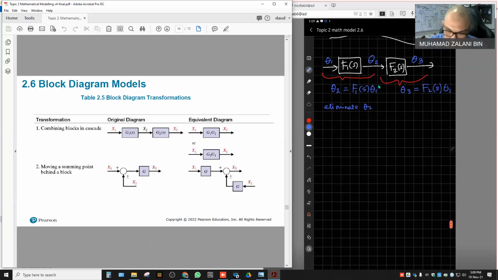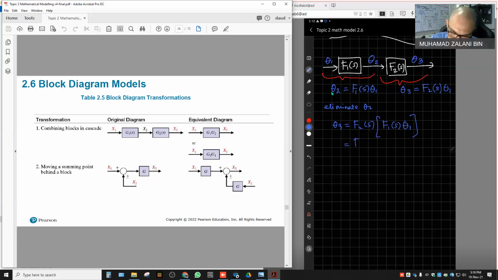From this equation, we just substitute. Theta 3 equals F2(s), and we substitute theta 2, which is F1(s) theta 1.